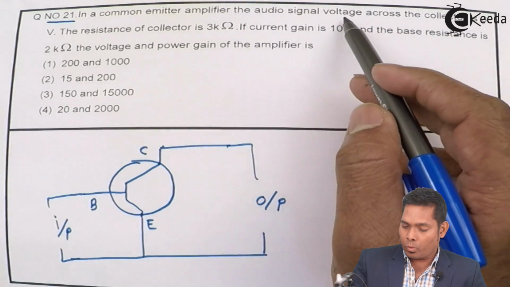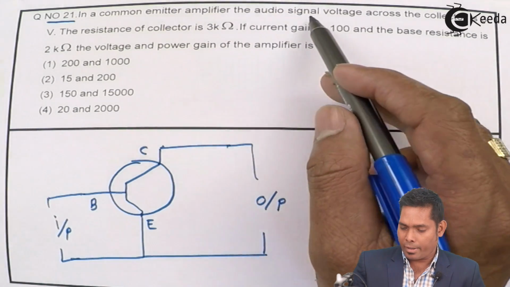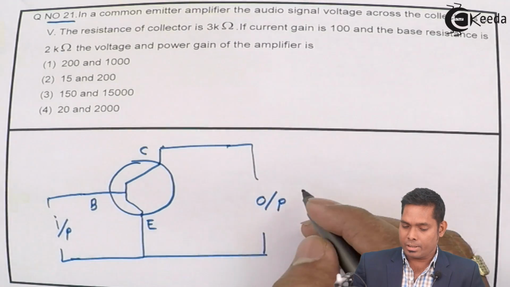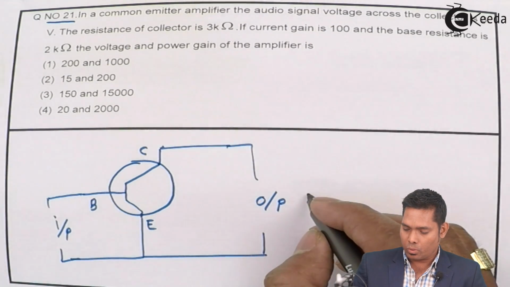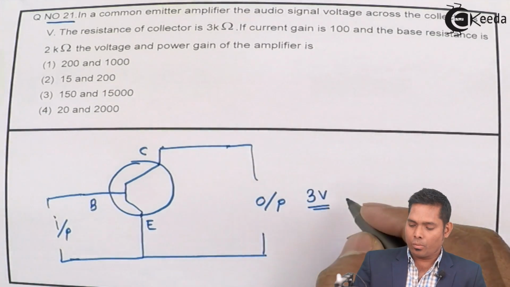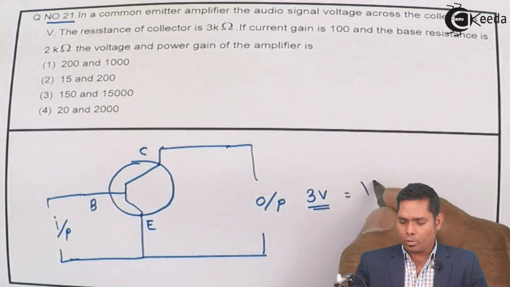The voltage across the collector, because the signal is amplified and the amplified version is collected here, is 3 volt. So 3 volt is the voltage across the collector, the output voltage.